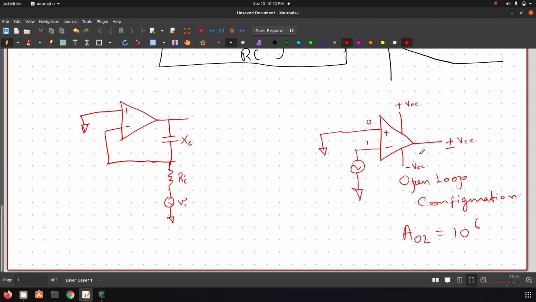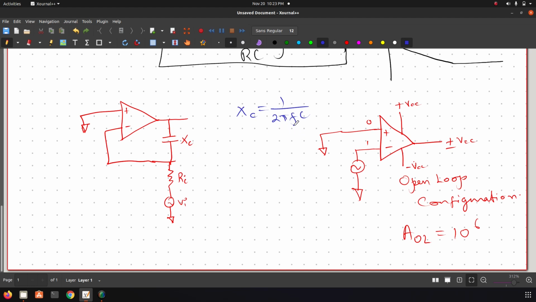In this case also, if you closely look at the relation for Xc, Xc is given by 1 by 2 pi F C, where F is the frequency of the source. The reactance depends on the frequency of the input, and C is the capacitance.